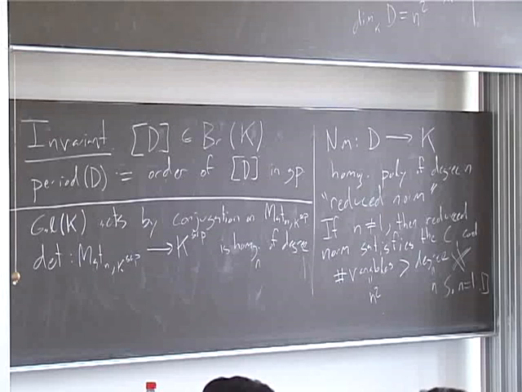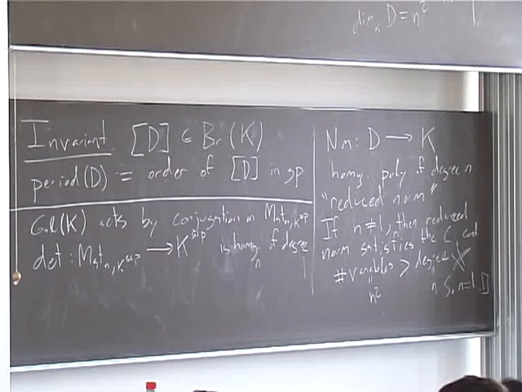A consequence of this, again in Serre's Galois cohomology: if k has cohomological dimension less than or equal to A, and capital K over little k is a finitely generated extension of transcendence degree n, then the cohomological dimension of K is less than or equal to A plus n.